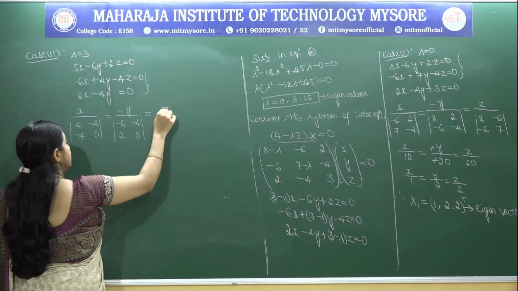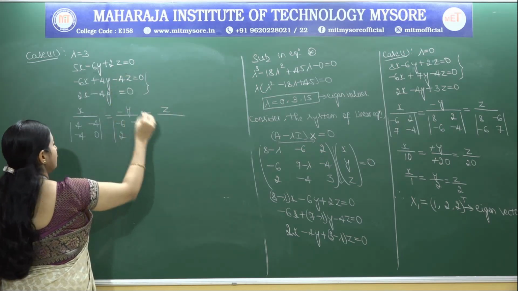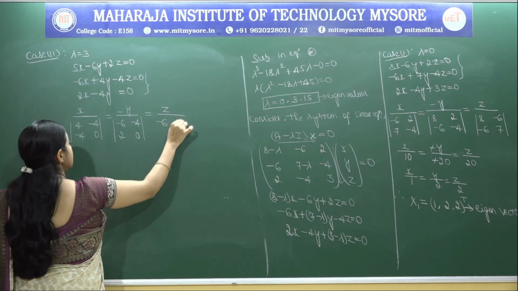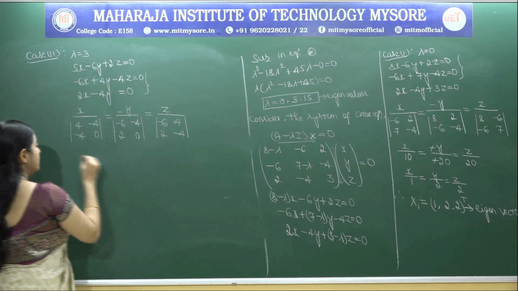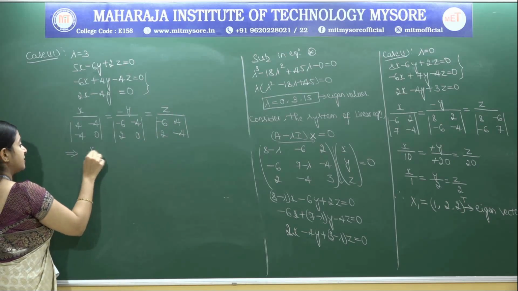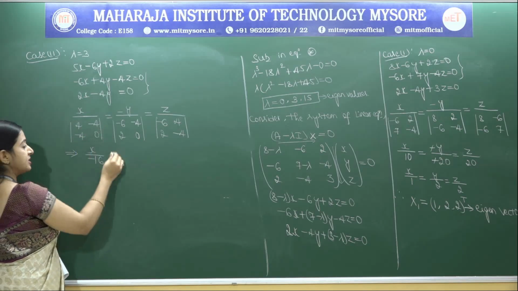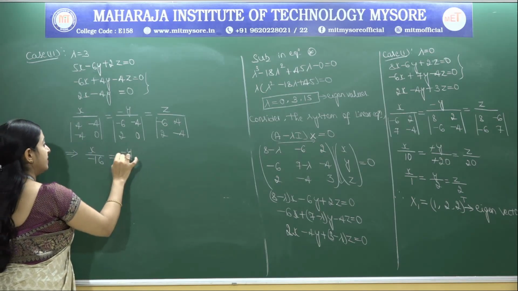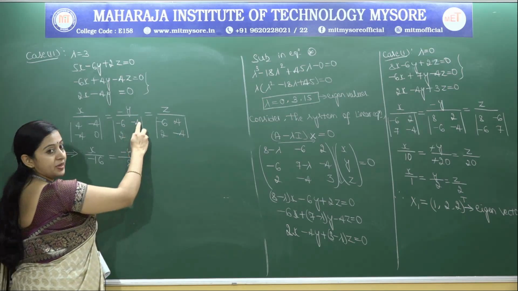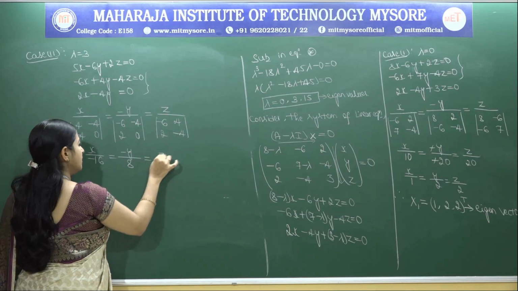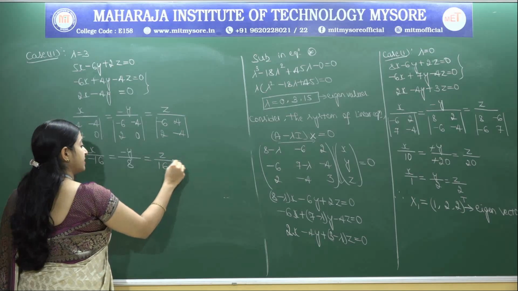The last one, z divided by: delete this, the z coefficient is 0, minus 6, 4, 2 and minus 4. So x divided by minus 16, minus y divided by 8, z divided by 24 minus 8, which is 16.